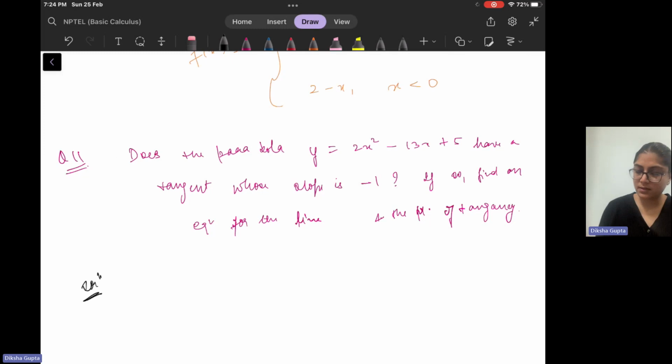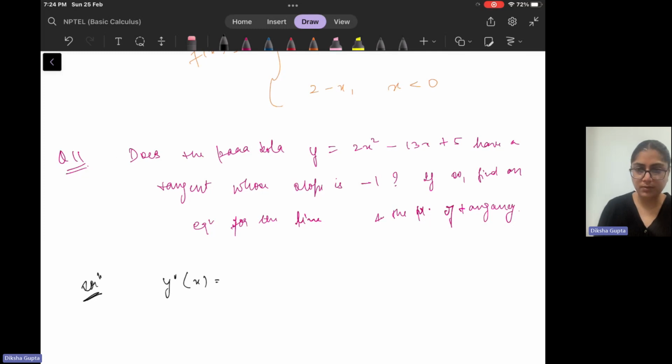So you have to see if, firstly, there exists a point where y dash x is minus 1. So we'll find y dash x by differentiating this.